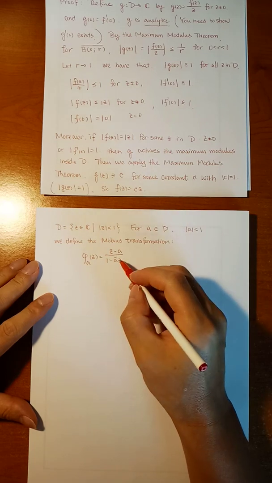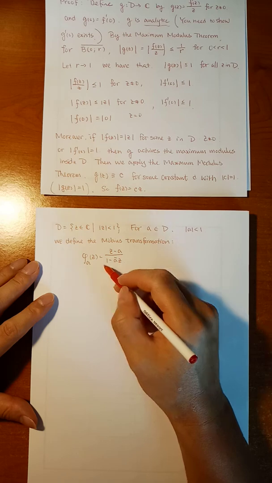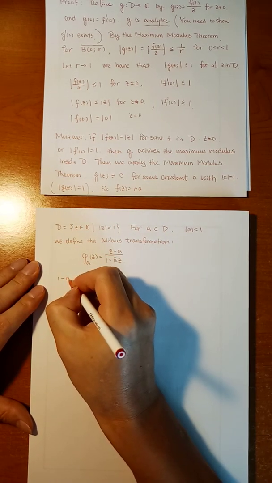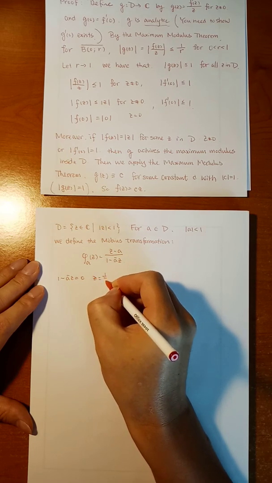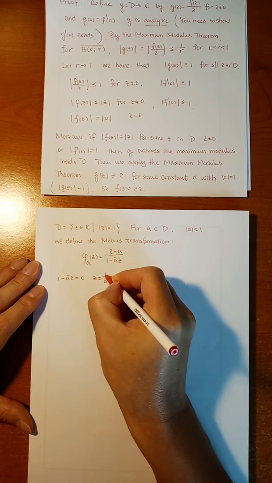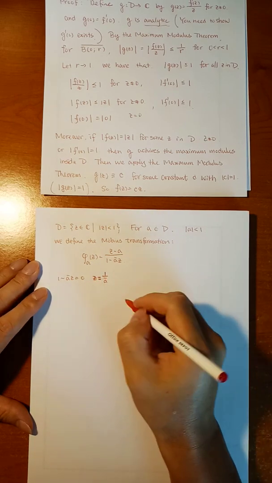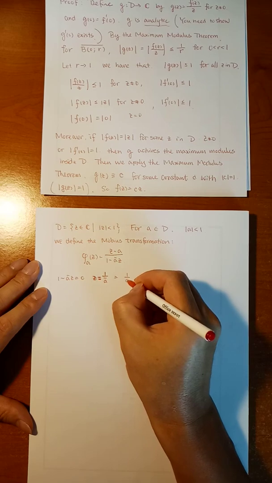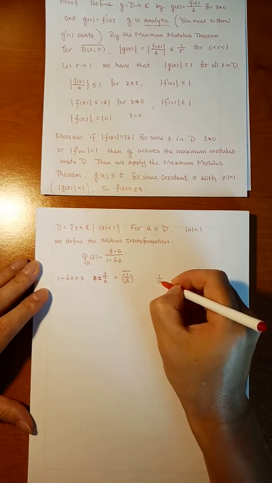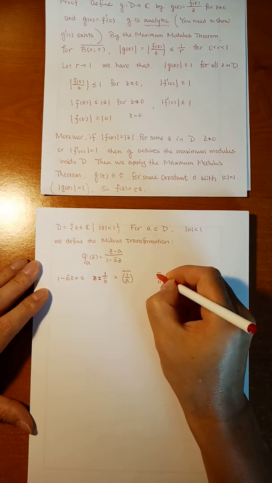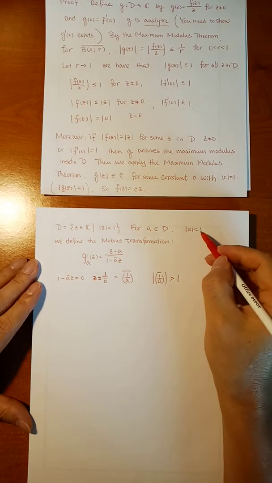A Mobius transformation is analytic except where the denominator is 0. If you set the denominator equal to 0, you get Z equal to 1 over A bar, or 1 over A complex conjugate. That has modulus greater than 1, right?